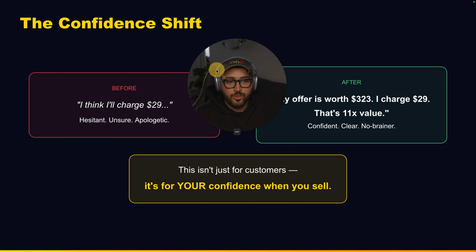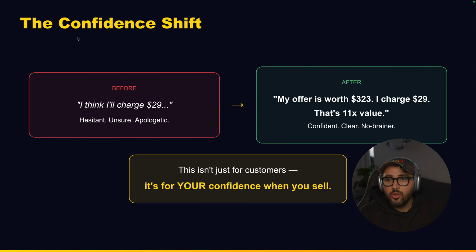And here is the confidence shift. Before, she was telling, hey, I think I charge $29 a month, hesitant, unsure, and apologetic. And she was looking for a fair number.